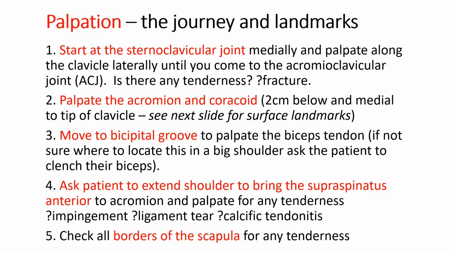Move to the bicipital groove to palpate the biceps tendon. If you're not sure where to locate this in a big shoulder, ask the patient to clench their biceps, and you should feel the tendon being utilized.